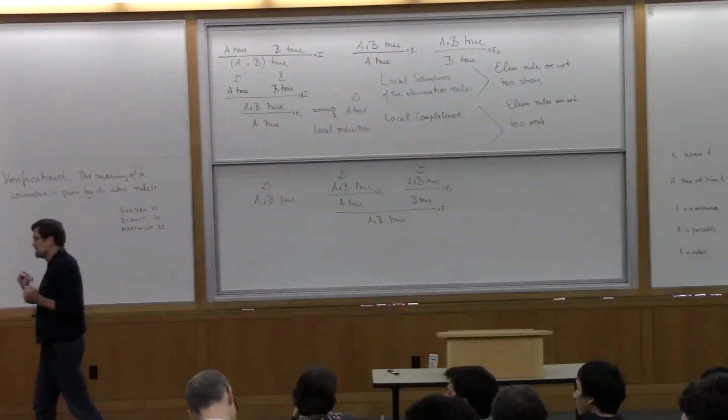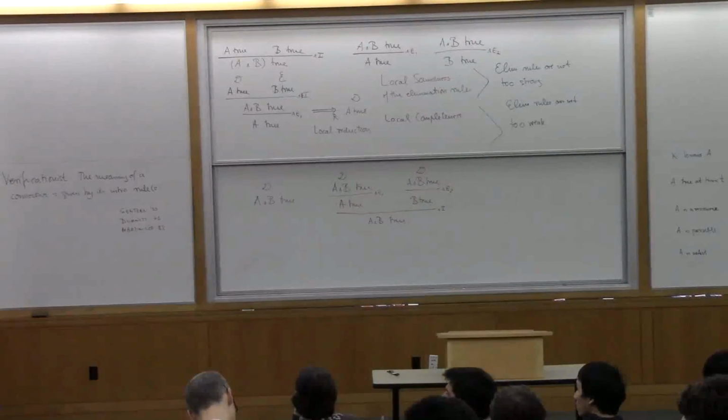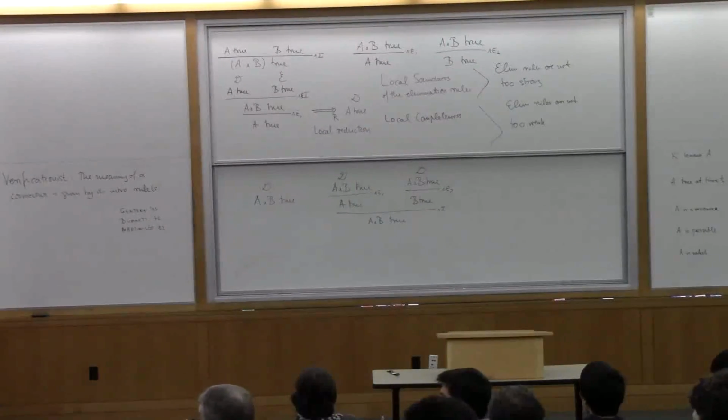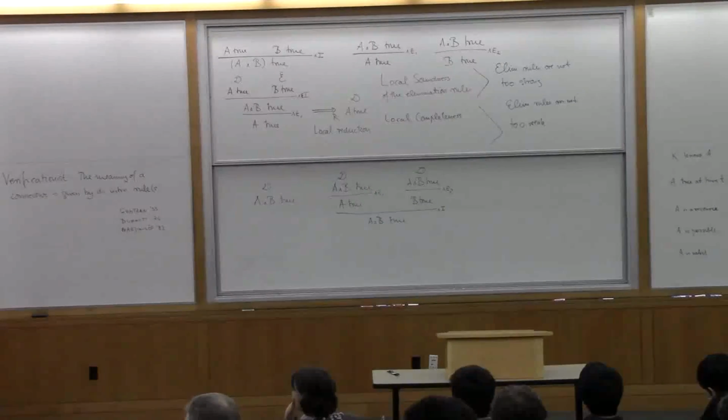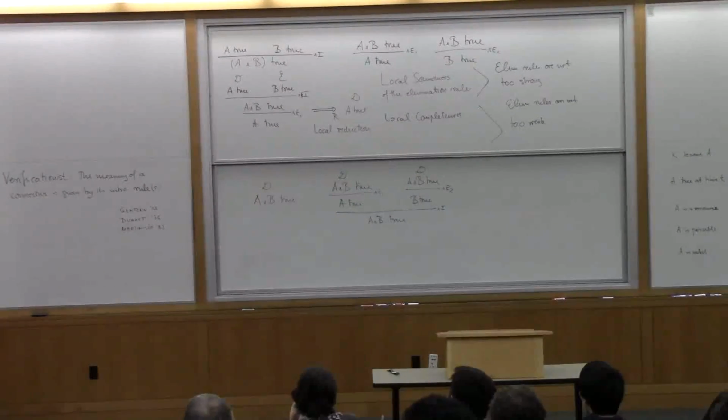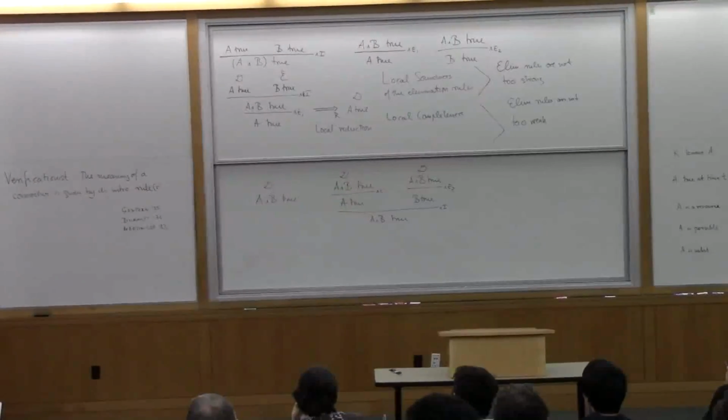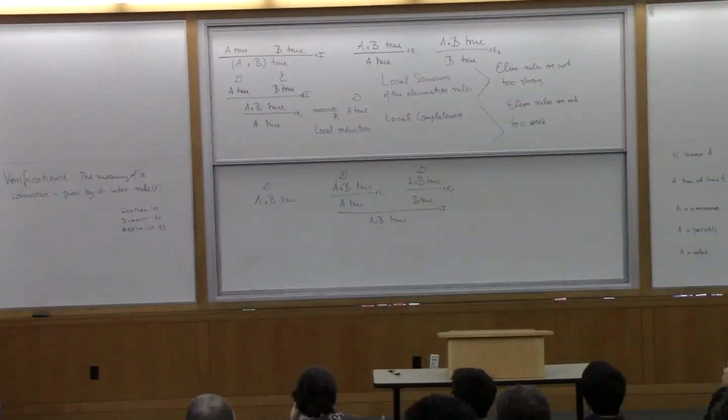To check soundness, you have to check that any introduction followed by any elimination can be reduced to something that's already justified, because I want to show that you cannot gain any information at all.